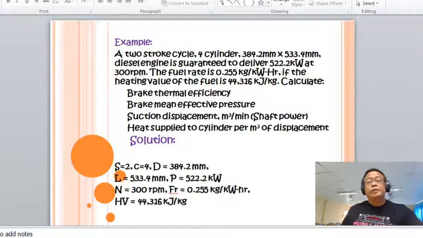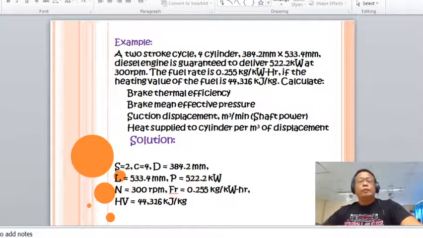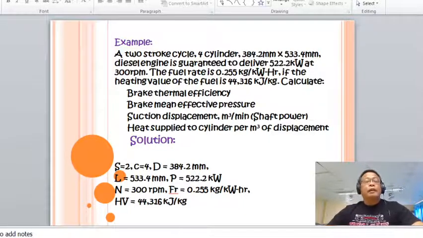Let us now consider an example for the topic in this presentation. A two-stroke, four-cylinder, 384.2 millimeter by 533.4 millimeter diesel engine is guaranteed to deliver 522.2 kilowatts at 300 RPM.